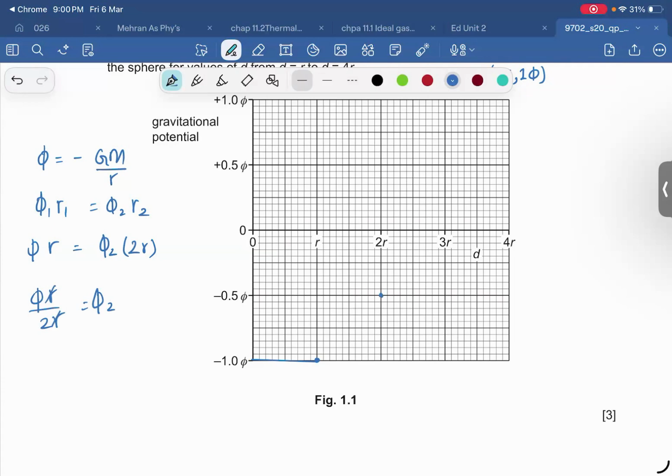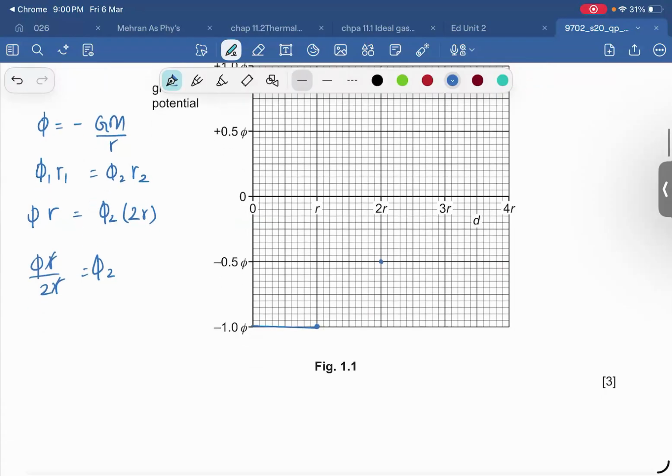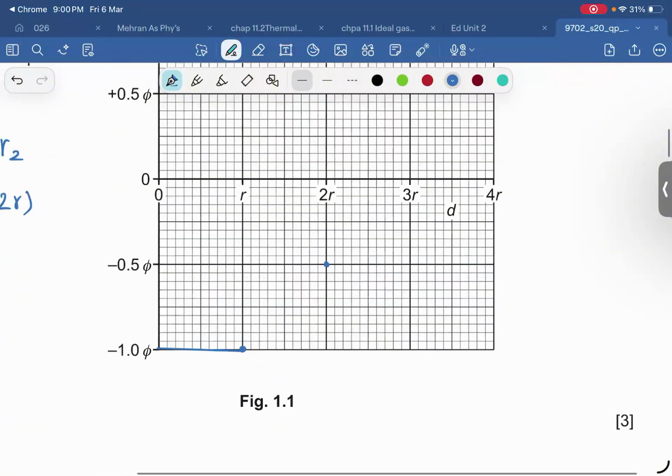When you go to 3r, it will be 1 by 3, and at 4r, it will be 1 by 4. So 1 over 3 is 0.33, and somewhere here. And 1 over 4 is 0.25, I think.